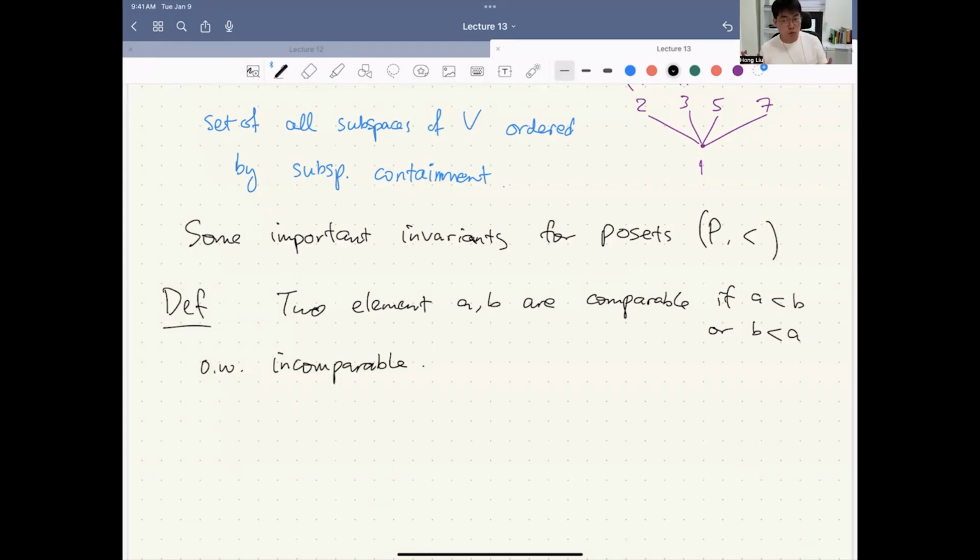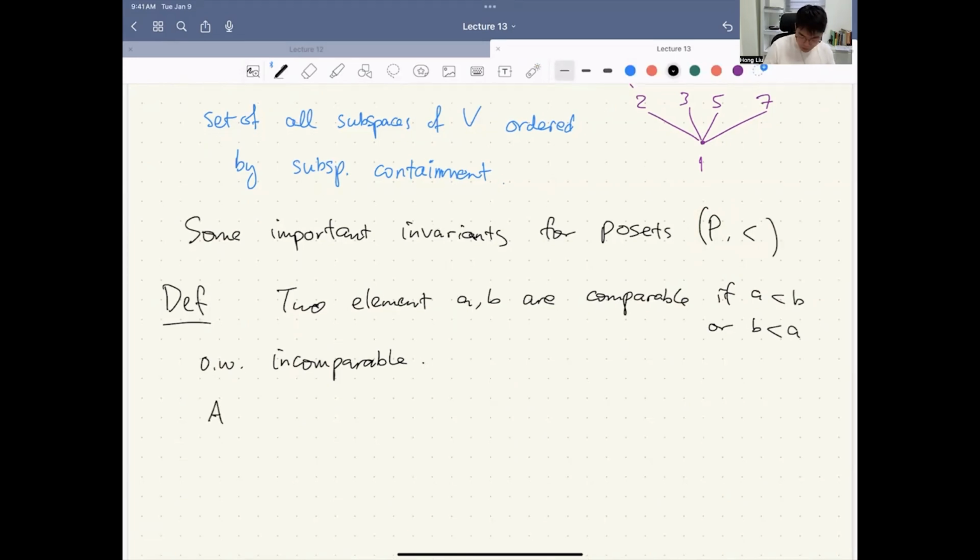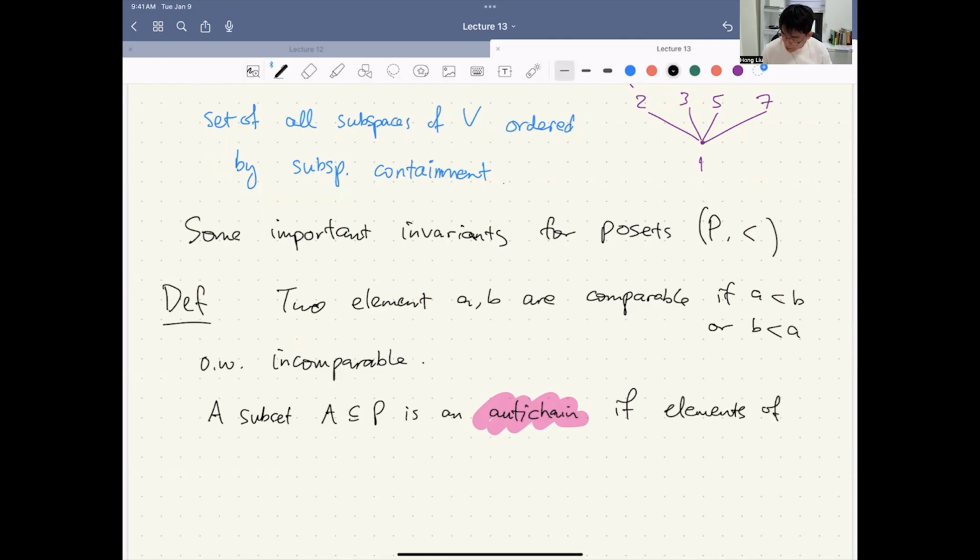So anti-chain, in other words, we can generalize to abstract posets by saying a set of elements in P is an anti-chain if nothing is comparable to another. An anti-chain: a subset A in P is an anti-chain if elements of A are pairwise incomparable.